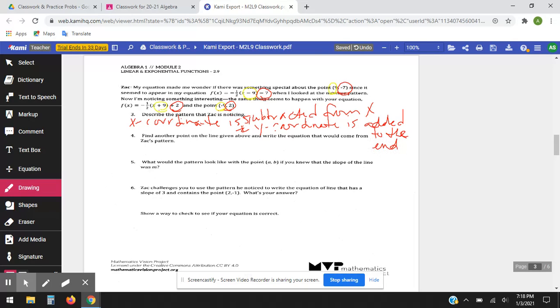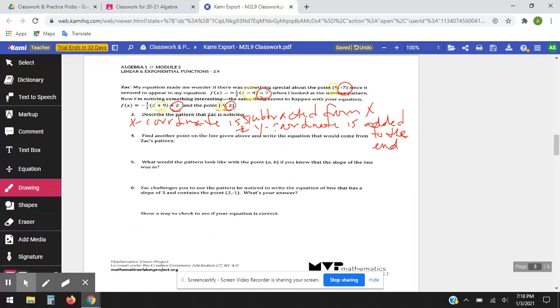So both times we had the x minus whatever our x coordinate was, so x minus 9 in those parentheses, and then we added a -7 or subtracted 7 on that side. Here we had x minus a -9 is actually +9, and then we added 2 at the end.